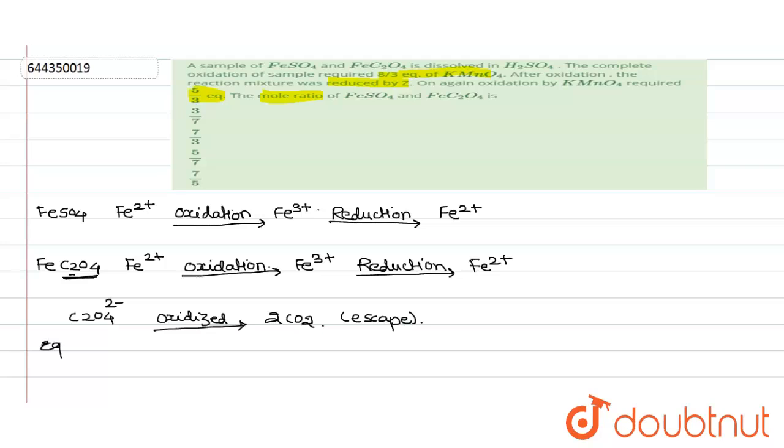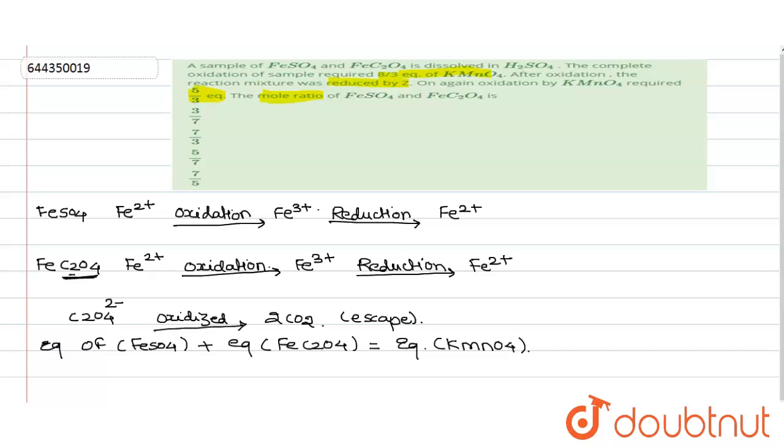So, equivalent of FeSO4 plus equivalent of FeC2O4 is equal to equivalent of KMnO4. Now I'll consider FeSO4 as x and FeC2O4 as y.